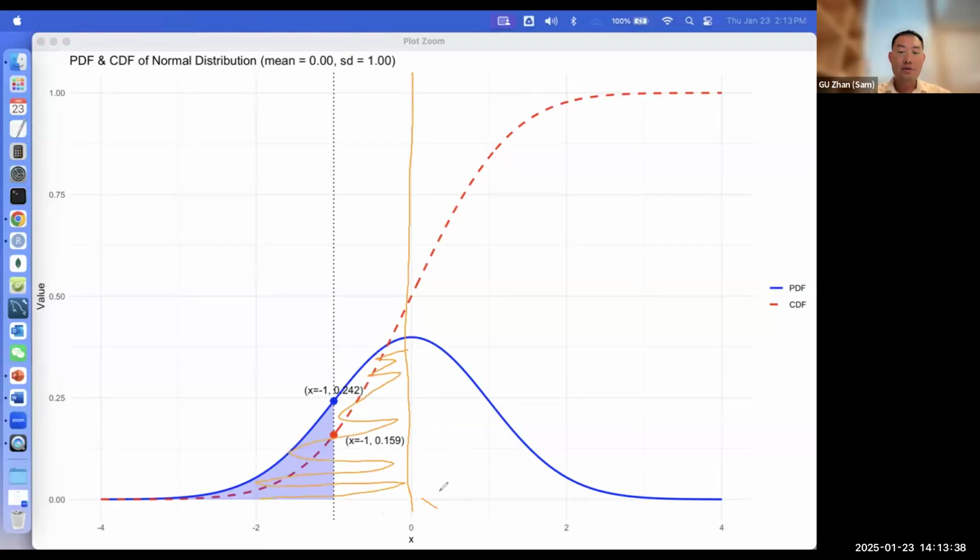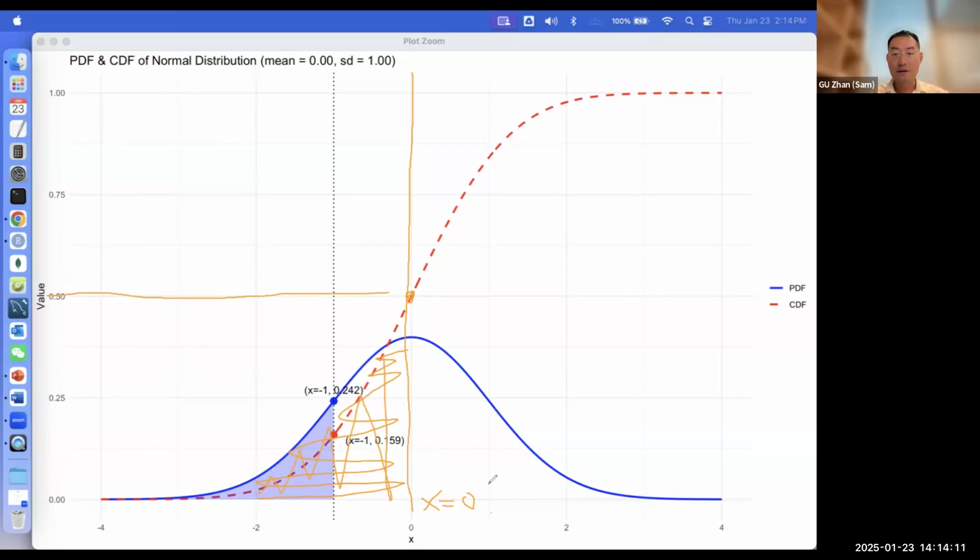Now I move x to 0. The area under the curve to the left of this line is 0.5. So you also know that when x equals 0, your cumulative distribution function will return a value of 0.5. So that's the relation.